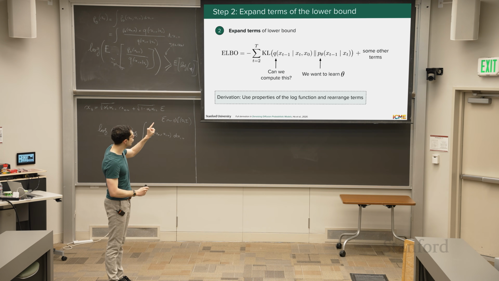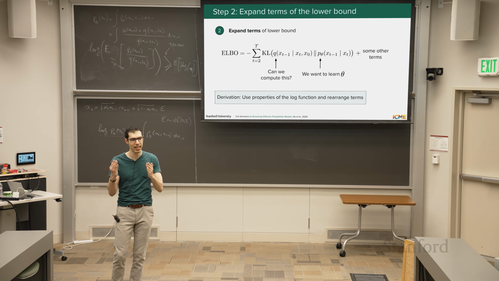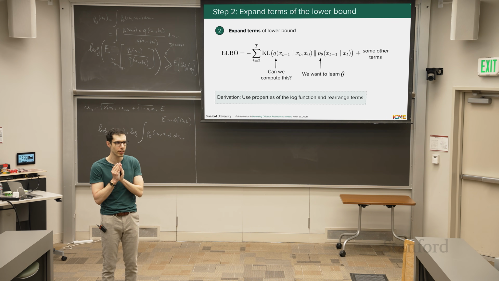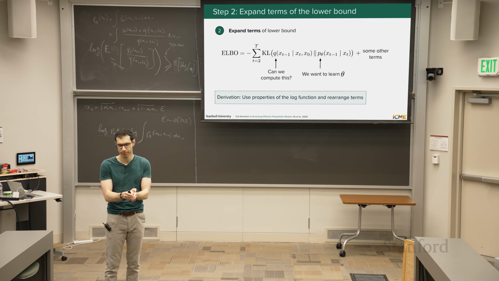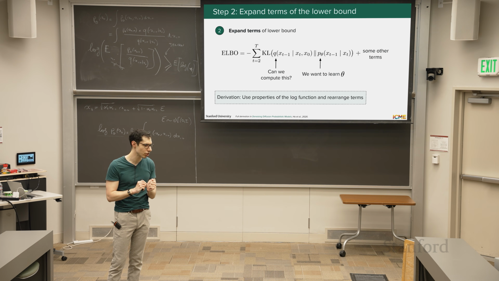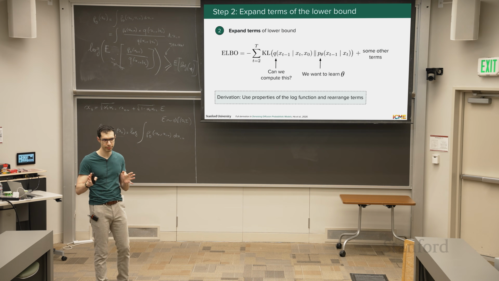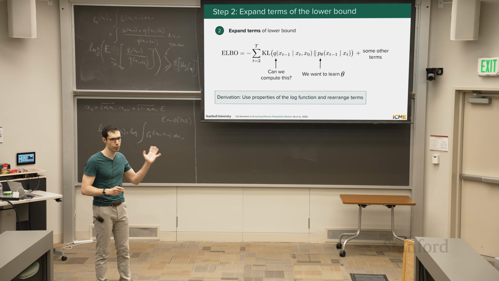Just to tell you what Q of xt minus 1 given xt and x0 means: if I were to give you a noisy image and a clean image, my question for you would be, what would be the less noisy image? The good thing is that at training time, you know x0, so you can compute this quantity.